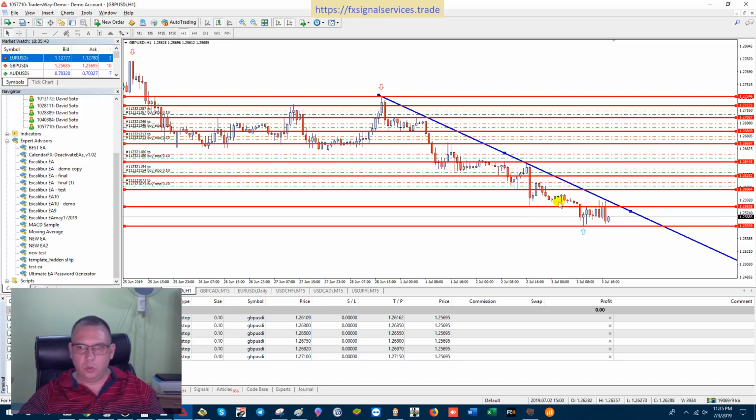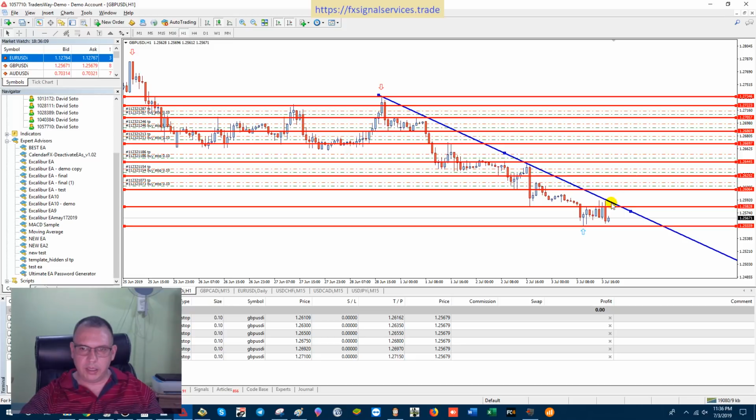Okay, when you get a signal to buy or sell on a 1 hour or 4 hour chart, then draw your previous trend line, which in this case is a downtrend, and then we're going to wait for this to break the trend line, and then start placing pending orders above.